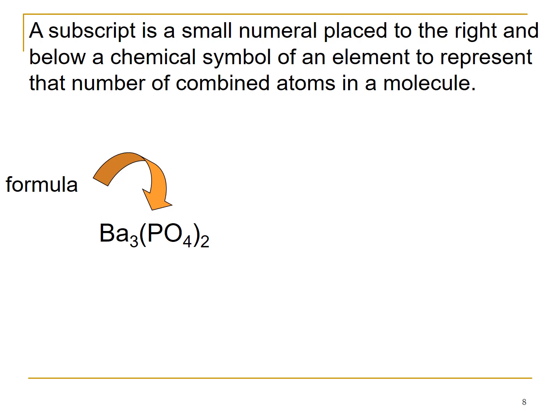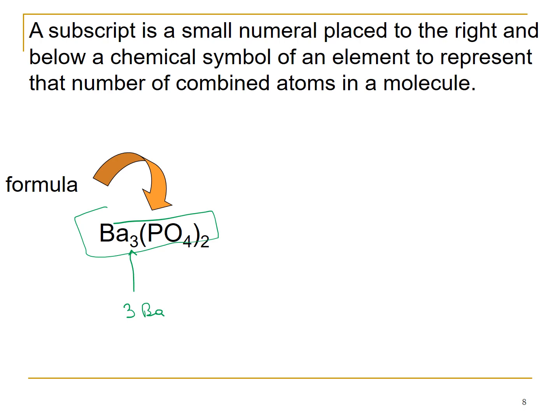And now we'll get to writing the chemical formulas again, but let's go based on the slides for now. So a few important things that you need to remember when you're looking at the formula. The formula represents one molecule, right? So this whole thing right here is telling you that you have one molecule of this. In one molecule, this subscript here tells you that you have 3 bariums in this formula.